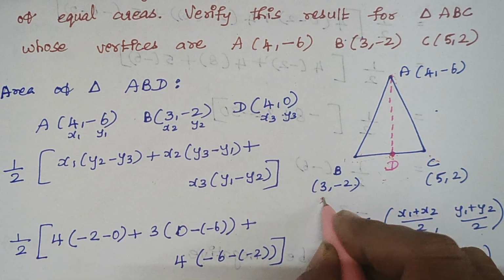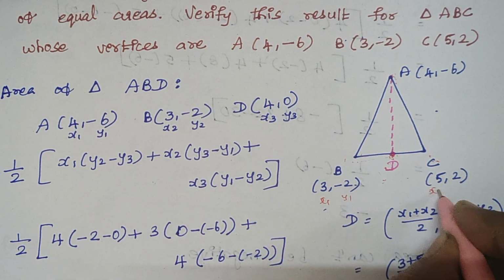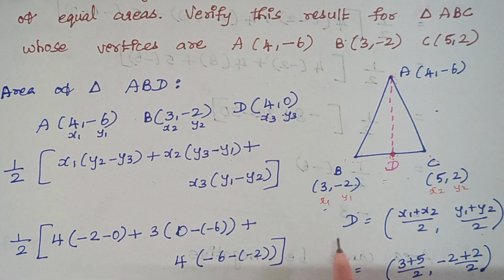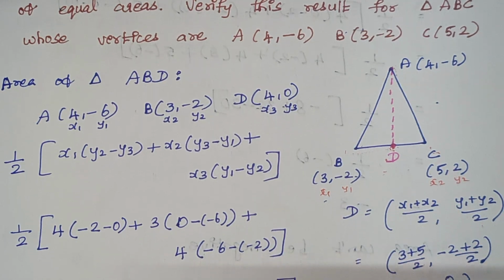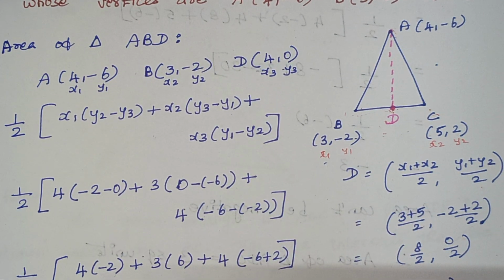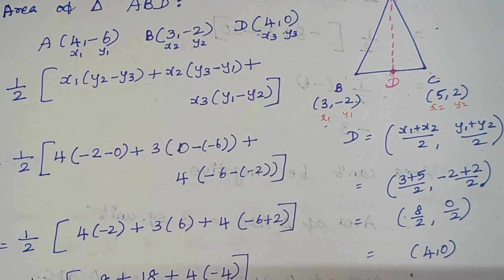Here this is my x1, y1 and this is my x2, y2. So 3 plus 5 by 2, and the next is minus 2 plus 2 by 2. What is 3 plus 5? It is 8, so 8 by 2, and minus 2 plus 2 becomes 0. So 8 by 2 is nothing but 4, and this is 0. So the point D is (4, 0).